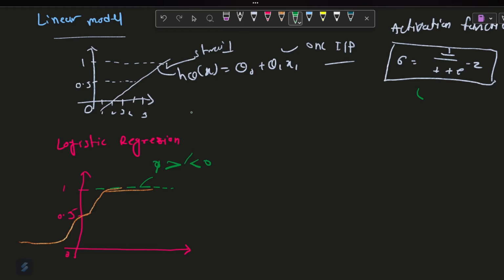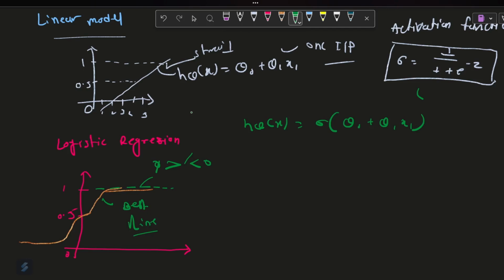When we draw for the cost function, we say h theta of x equals sigmoid function of theta 0 plus theta 1 x1. This is the equation for the best fit line for logistic regression.